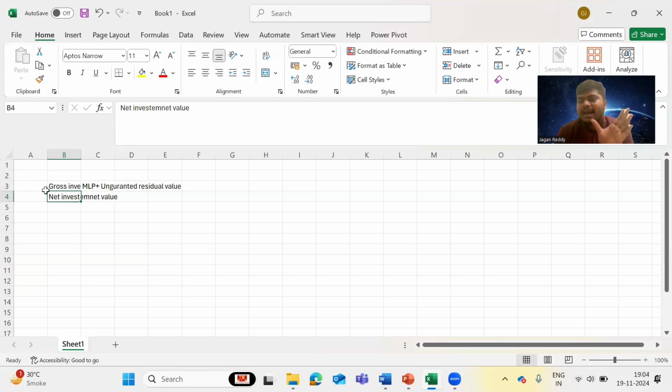Next is net residual value. Residual value is nothing but guaranteed residual value plus unguaranteed residual value. Residual is nothing but the value the asset should have at the end of its life. That is called residual value. It is guaranteed by others, plus the unguaranteed residual value. If you consider both, then it is considered as the residual value. Next, gross investment value and net investment value.